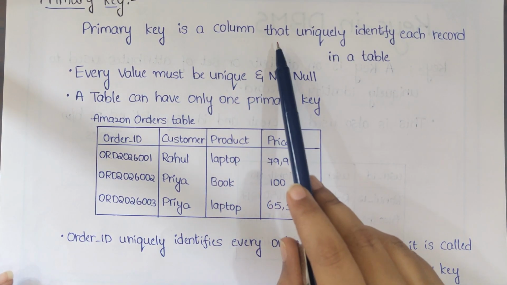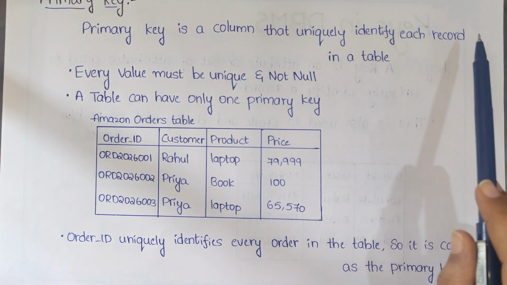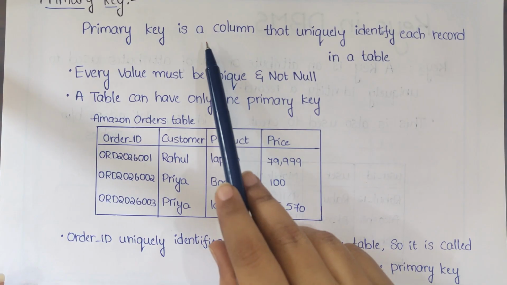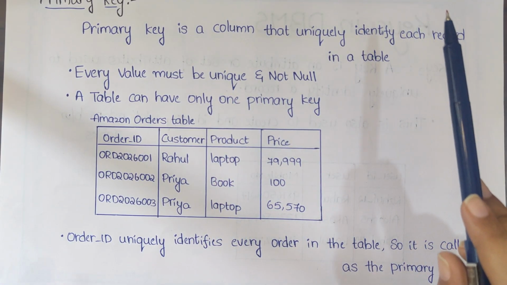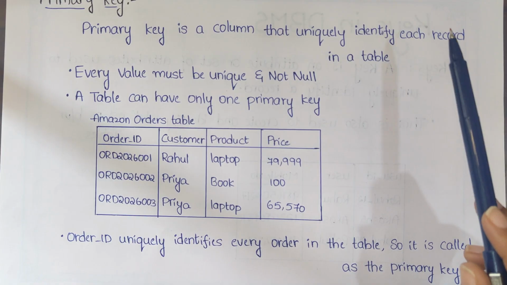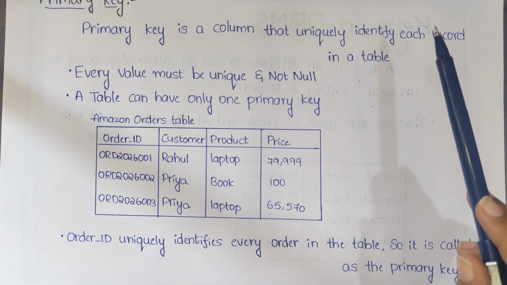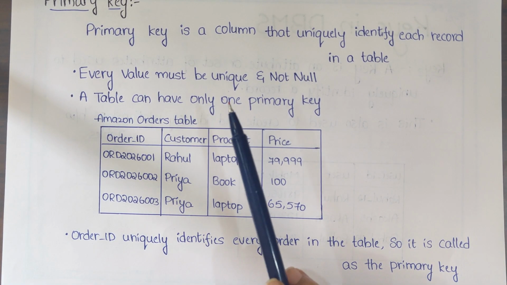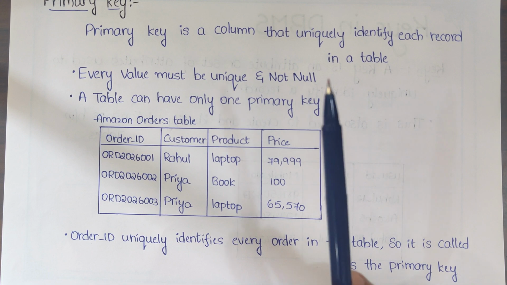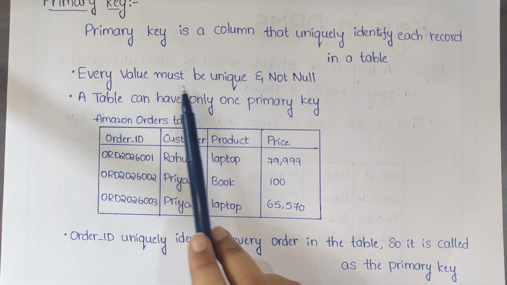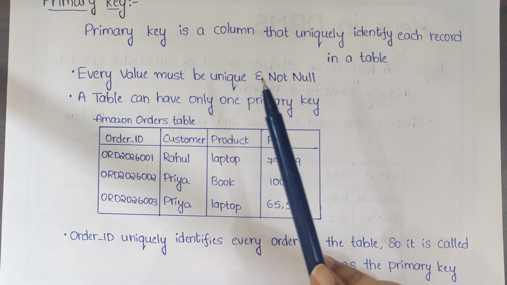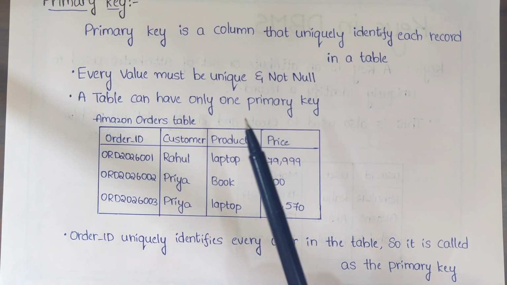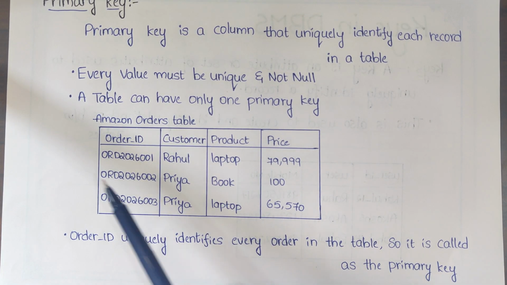A primary key is a column that uniquely identifies each record in a table. Using that specific column, we can identify the whole details of a specific user in the table. Every primary key must satisfy these three conditions. Every value in that column must be unique, so that we can search using that unique key.